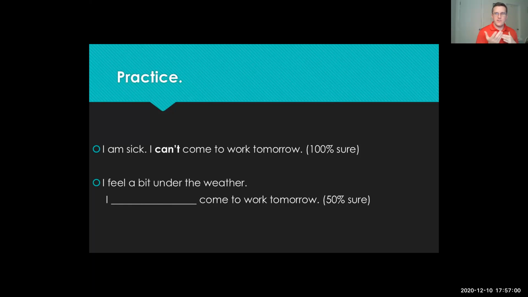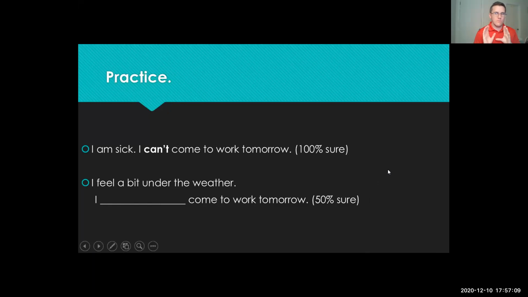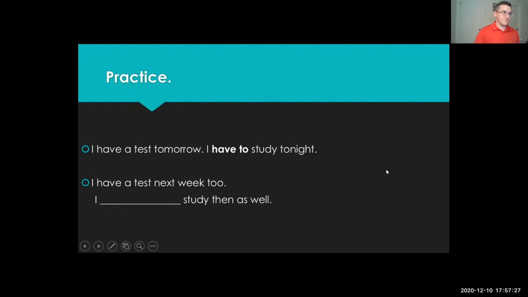Remember, if you're not sure, you can use a modal may or might. Right? But we cannot use the modal may or might with the modal can. So we will have to use a phrasal modal. I might not be able to come to work. Or you can say I may not be able to come to work tomorrow.